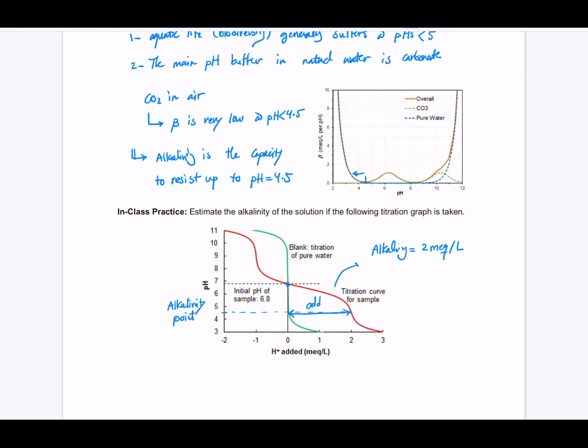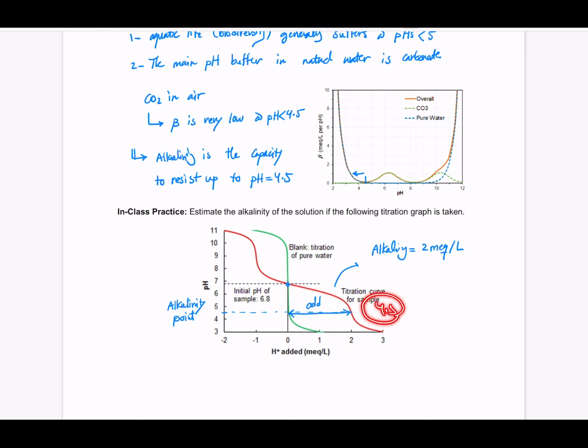So qualitatively speaking, it's very straightforward. You have a sample with some pH, normally more than 4.5. Let's say a river, 7.9. Then how much acid do you need to add to bring the pH down from that 7.9 to 4.5?